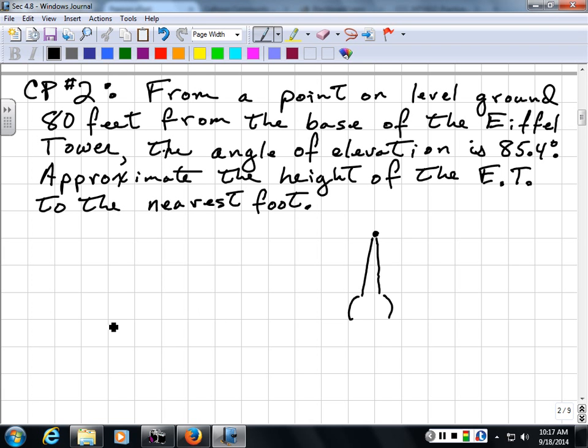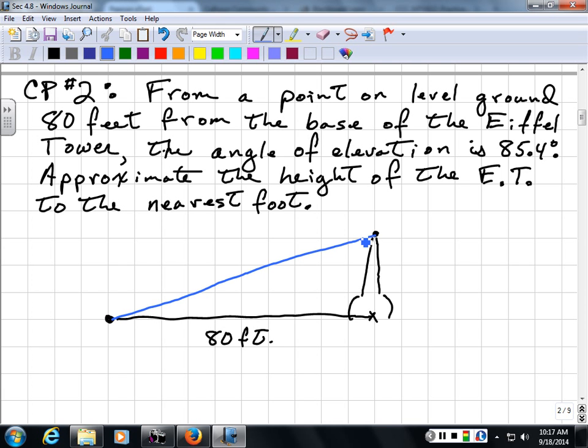I am standing where? I am standing 80 feet, and it's going to be from the center of the tower. And I'm going to look up at the tower, and my head is going to be elevated at an 85.4 degree angle.